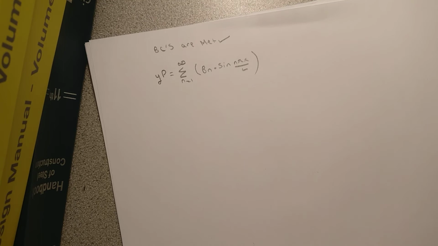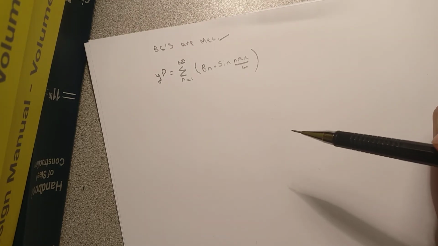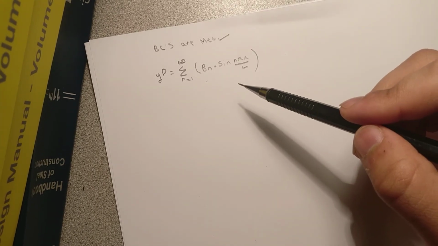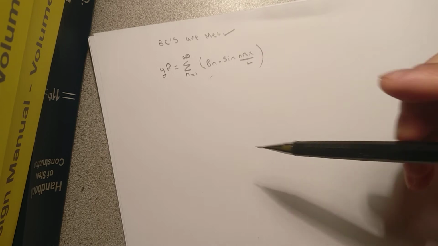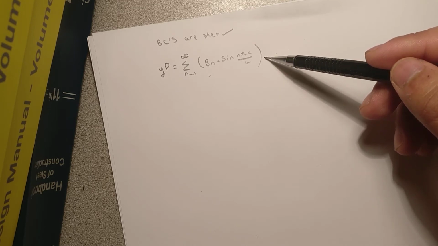Always assume a particular solution that you think makes sense for your problem. In this case, we're using a sine series problem. We're choosing something that looks similar to our function. On the exam, you're going to have to memorize a few particular solutions that you can use. And I'm going to go with this format for this question.